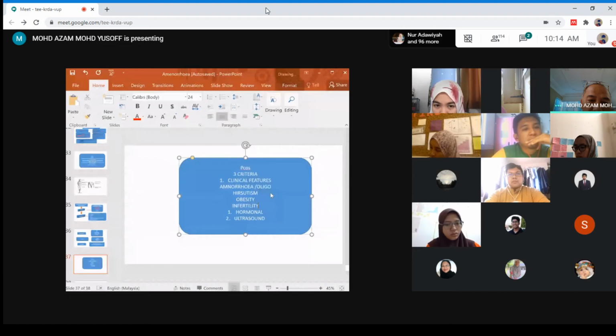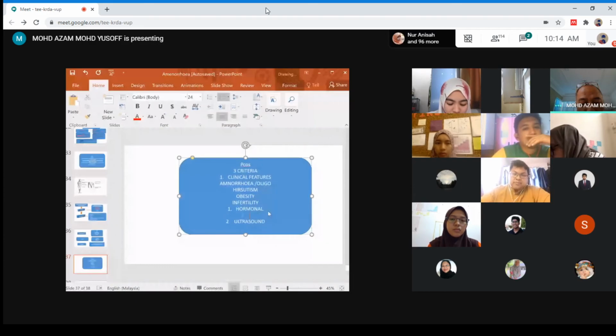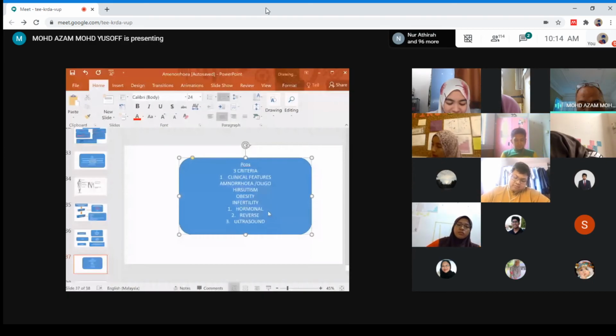I think these three are the main and very important. Sometimes the patient comes with subfertility or infertility. So the clinical features are amenorrhea, hirsutism, obesity, and infertility.